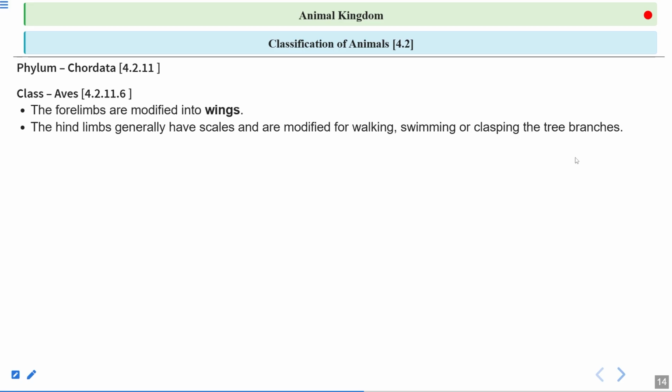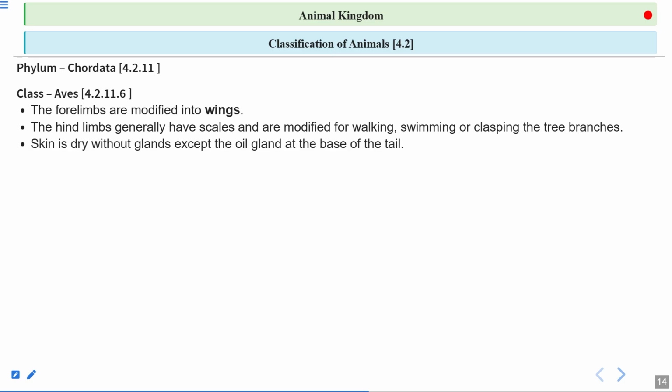Now, you must have seen that the birds are sitting on the wire, sitting on the branches of the tree. They have such hind limbs that they can clasp the tree branches or the wire, right? Their hind limbs are modified for walking, swimming, as well as clasping the tree branches.